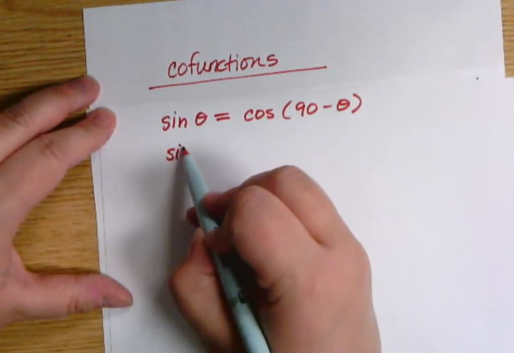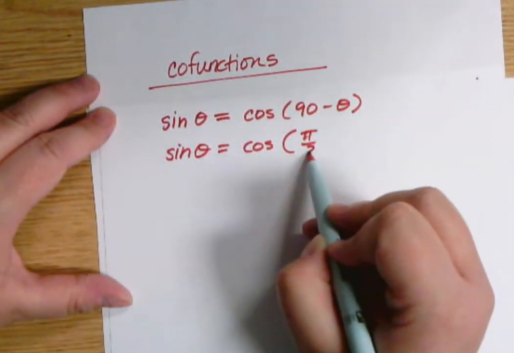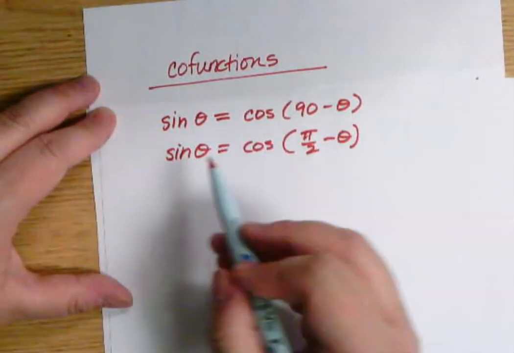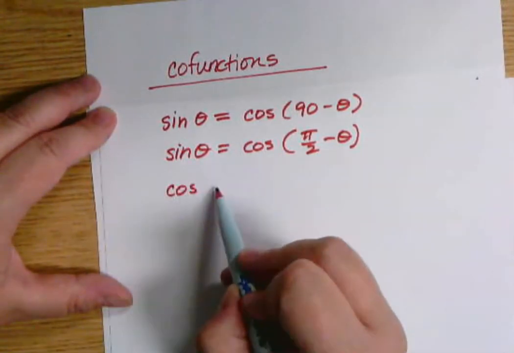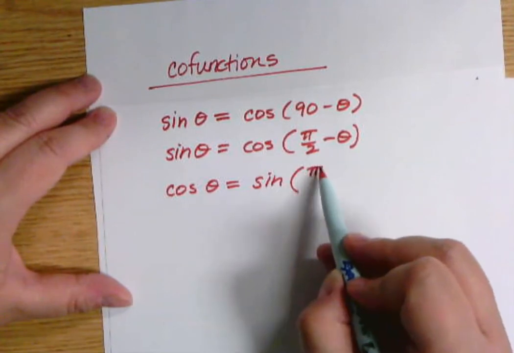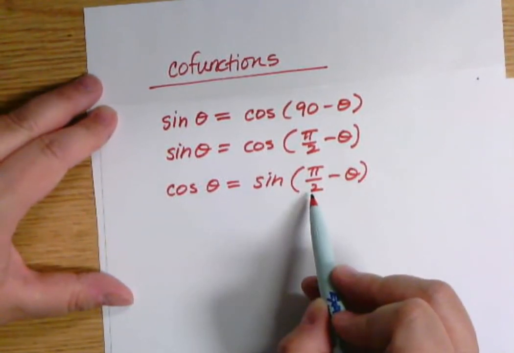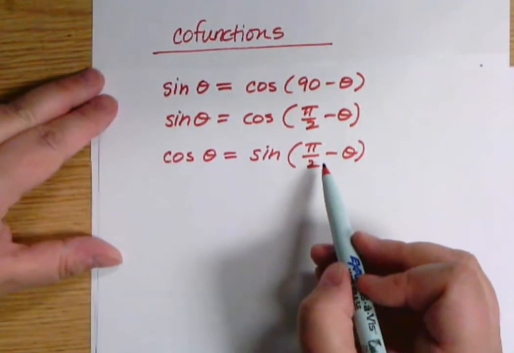Or we can write that in radians, and it works both ways. I could say the cosine of an angle is equal to the sine of its complement in radians or degrees. So sine and cosine are cofunctions.